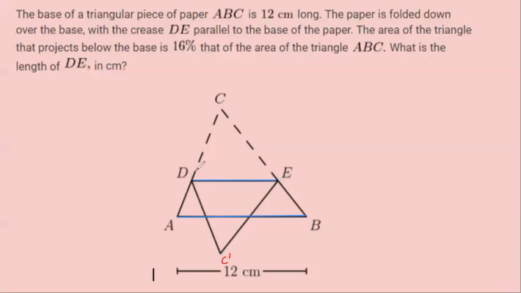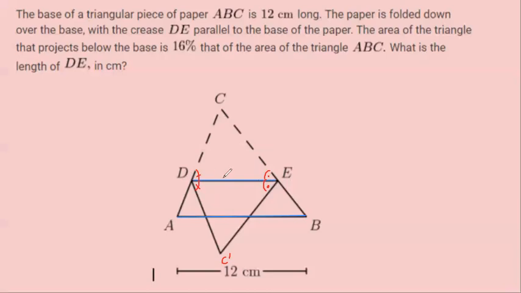For that reason, this angle and this angle have to be equal, because when you take the symmetry of that triangle along this line segment DE, this angle corresponds to this one, and similarly this angle right here corresponds to this one. That is nice because we have at least some equal angles.